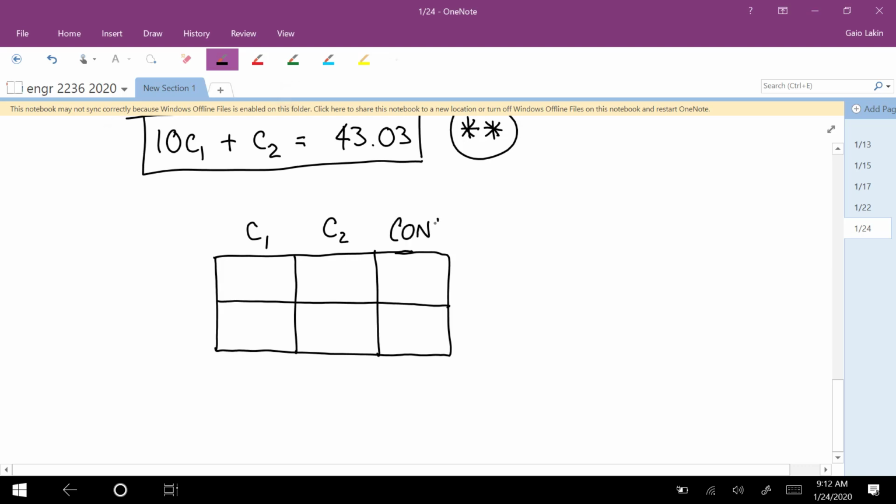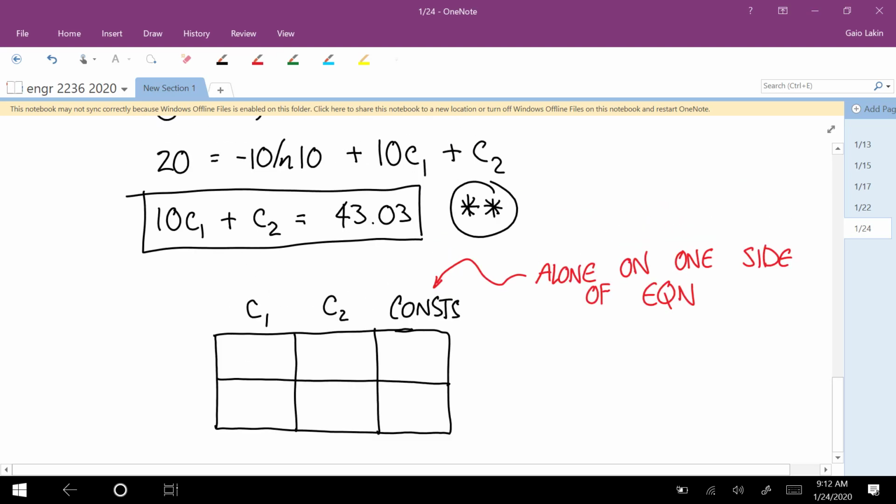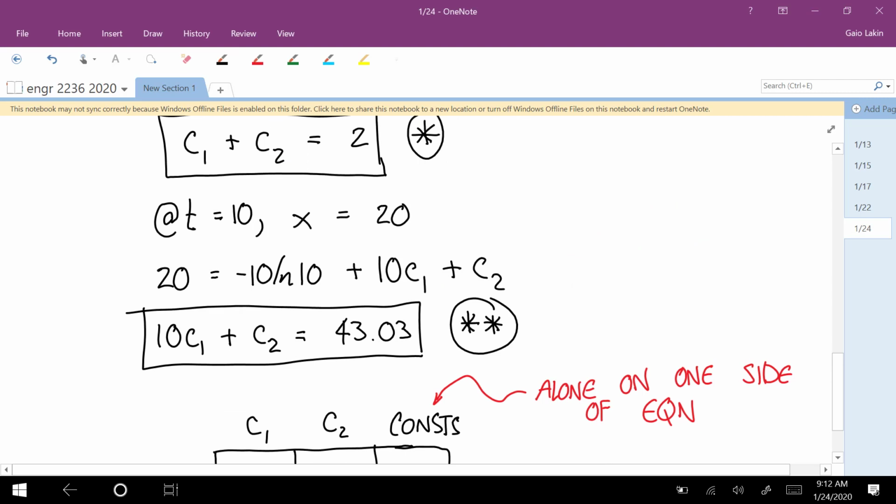And then the third is our constants. These have to represent the constants alone on one side of the equation. Well, that's how I set them up here, but you have to make sure that that's done.